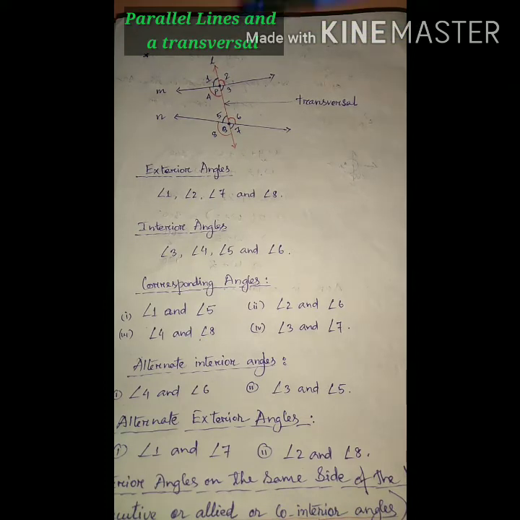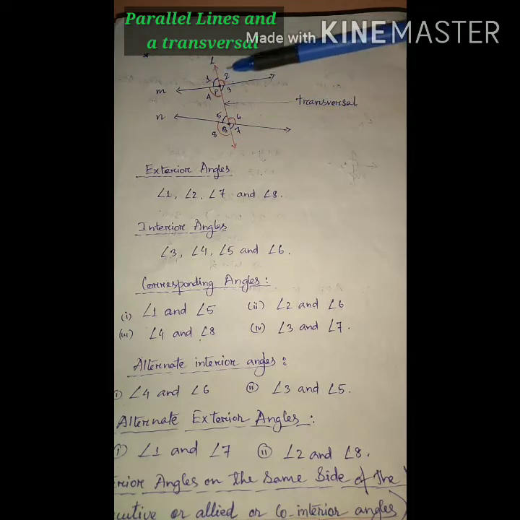Now in this figure you see some angles written as 1, 2, 3, 4, 5, 6, 7, 8. We have given numbers to the angles with respect to this transversal, the red line. With respect to M and N, the outside angles are 1, 2 and here 7, 8.